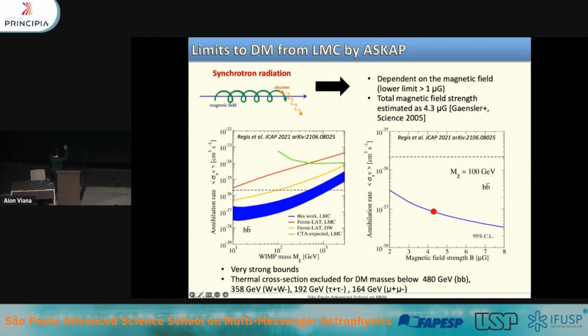And they managed to have very strong limits, if these are to be believed, because there is a dependency of the limits on the magnetic field. But they managed to constrain everything below basically 1 TeV for masses, for particles annihilating to b b-bar, if I'm not mistaken.